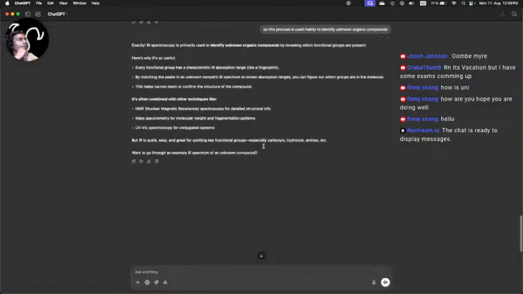Exactly. IR spectroscopy is primarily used to identify unknown organic compounds by revealing which functional groups are present. Every functional group has a characteristic IR absorption range, like a fingerprint. By matching the peaks in the unknown sample's IR spectrum to known absorption ranges, you can figure out which groups are in the molecule. This helps narrow down and confirm the structure of the compound.